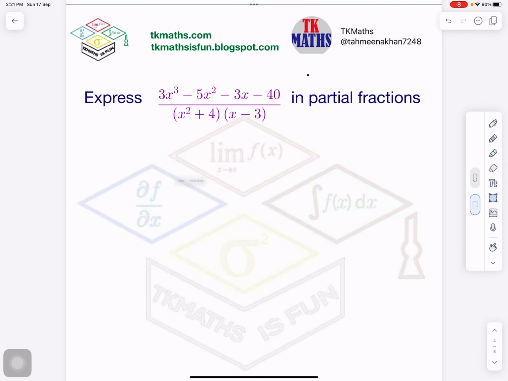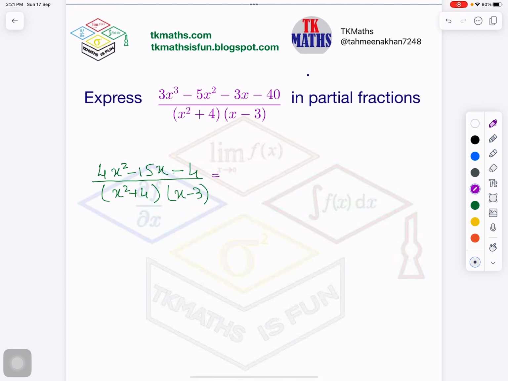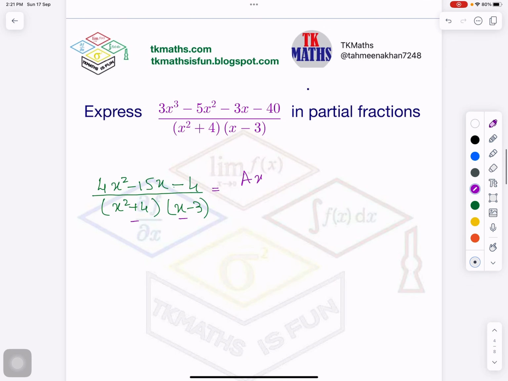So I'm putting it here. Let's do this separately. I will deal with it as a quadratic and a linear factor. For the quadratic we write the letter A, but I have already used that up, so let me use bx plus c.